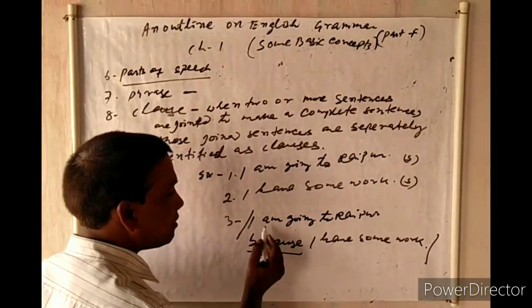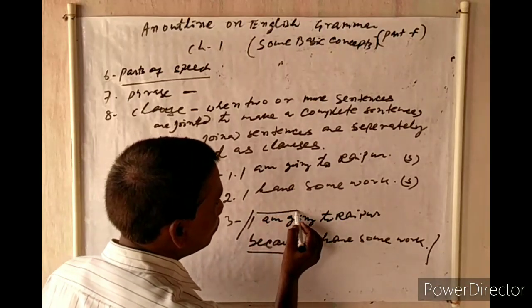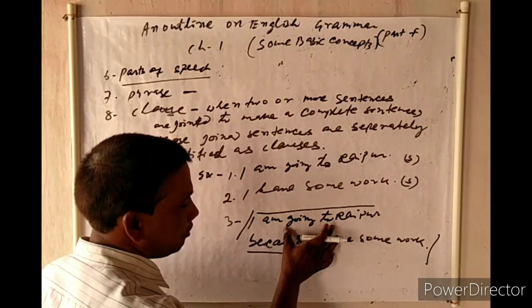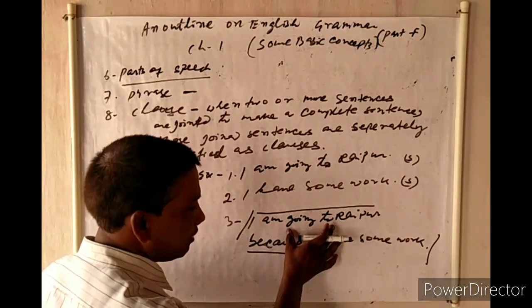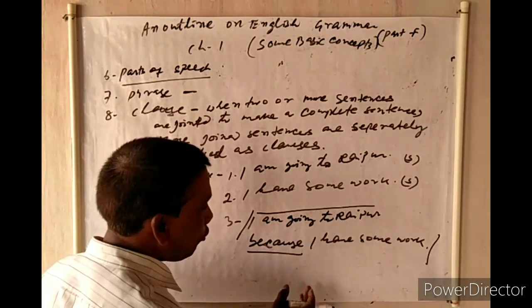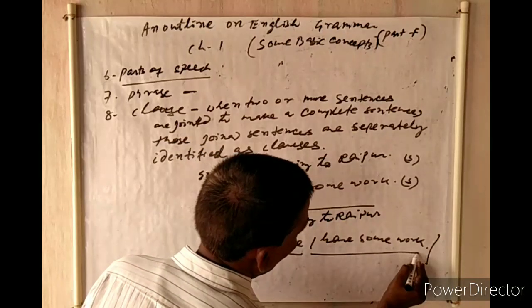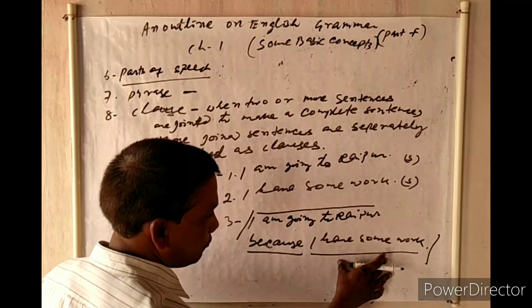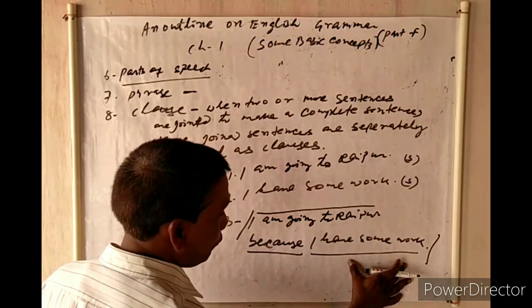In these two sentences, now this will not be recognized as a sentence. It will be a clause. And this portion was previously a sentence, but here it is not a sentence, it is a clause. So this is a clause and this is a clause.